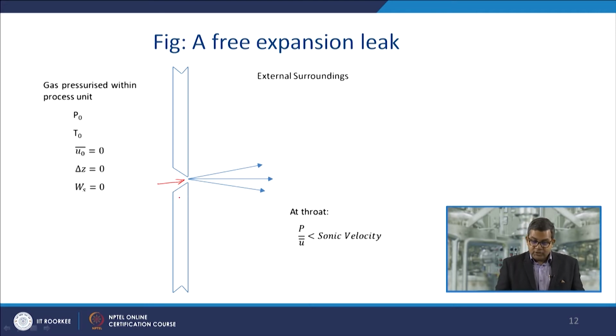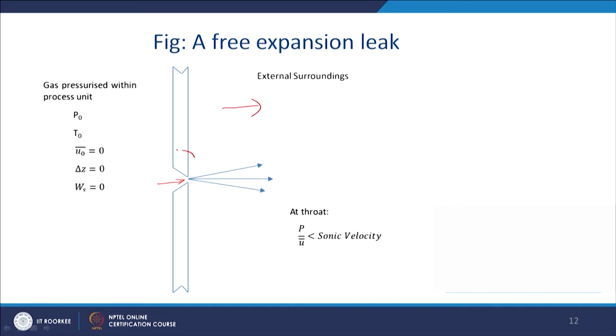So the initial condition: P naught, T naught, U naught is equal to 0, delta Z is equal to 0, and shaft work is equal to 0. And here things are at the external surroundings. Here you can have a throat where the velocity is less than the sonic velocity.